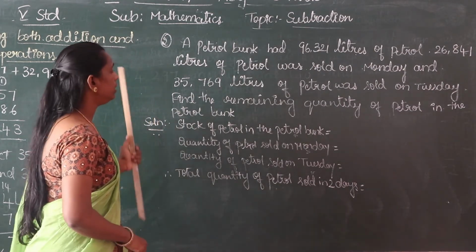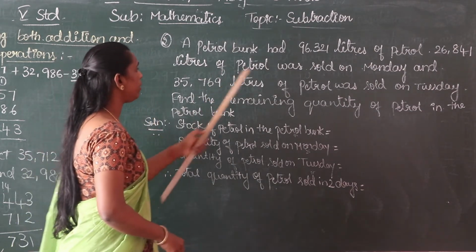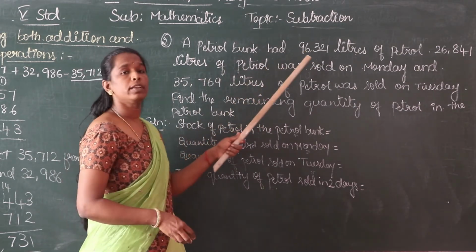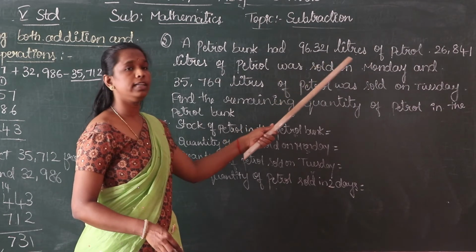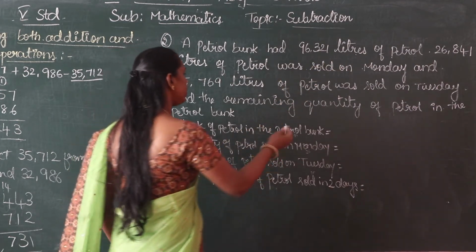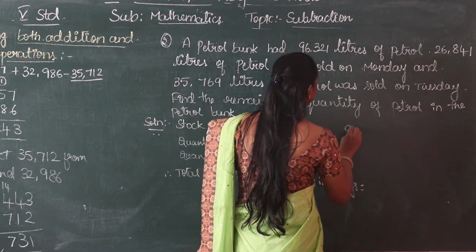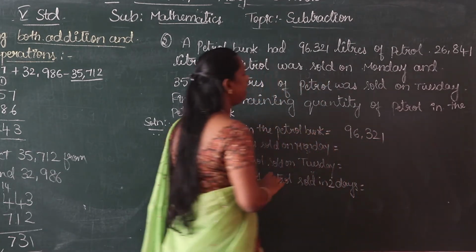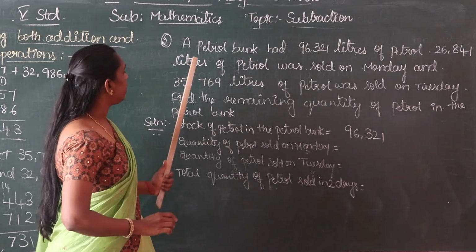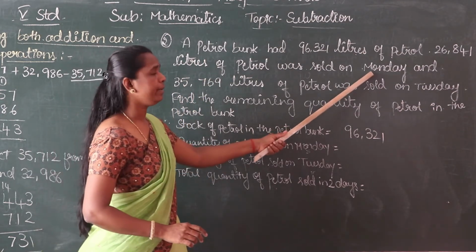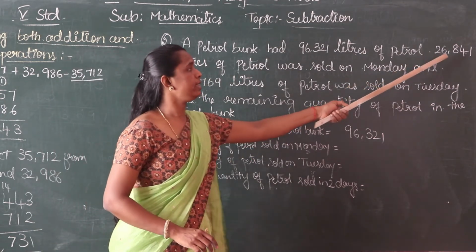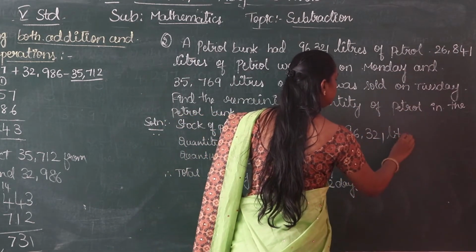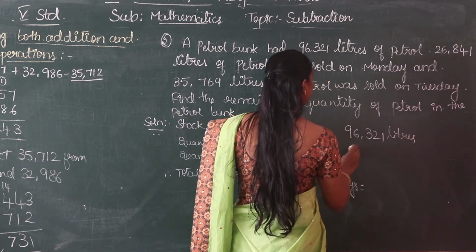First we have to write the solution. The stock of the petrol: in the petrol bunk, 96,321 liters is already there. So write down the stock of the petrol, 96,321. Then the quantity of petrol sold on Monday: 26,841 liters, sold, okay children?